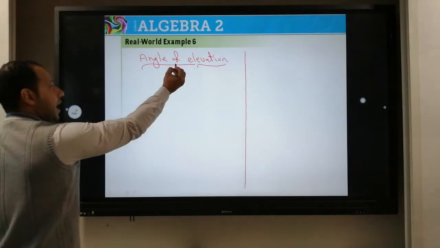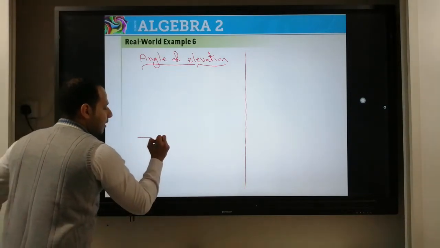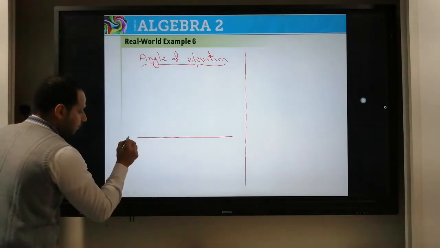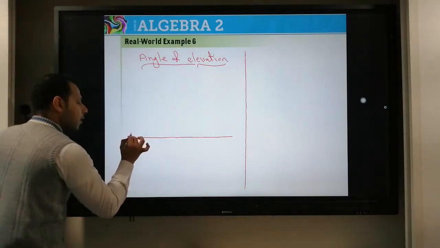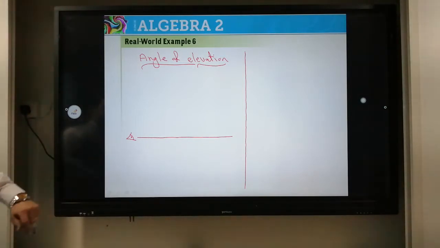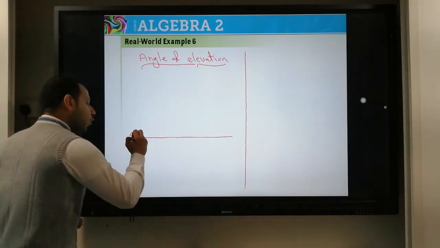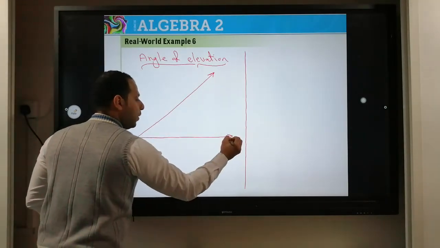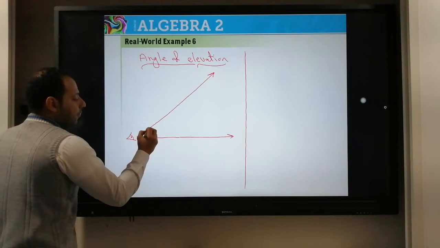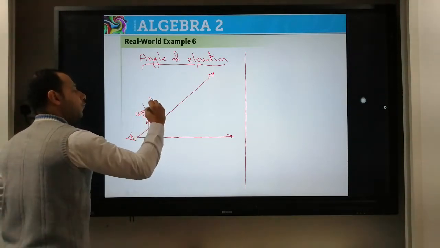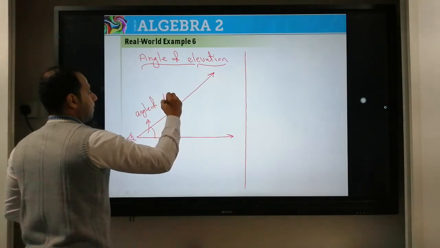So the horizontal plane is the first side, and the line of sight is going up. This angle is called the angle of elevation.